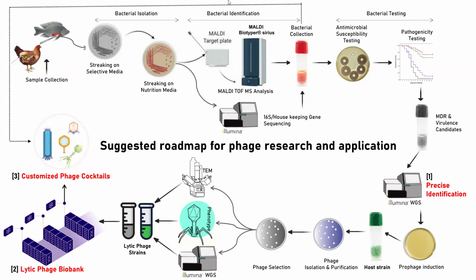Conventional methods use biochemical testing, or we can use DNA-based methods, meaning PCR and sequencing, or protein-based methods. We can use MALDI-TOF MS. MALDI-TOF is rapid, and it can generate the result within 10 minutes after sample preparation.